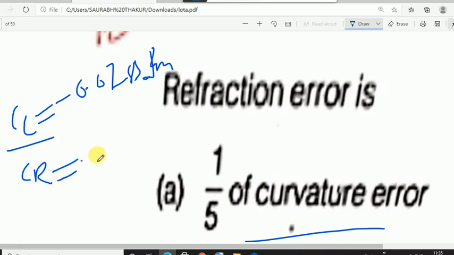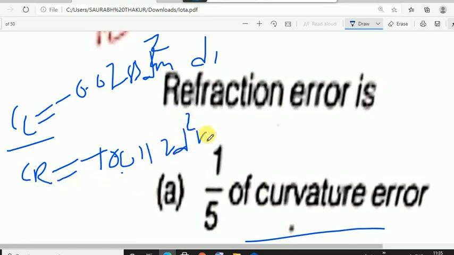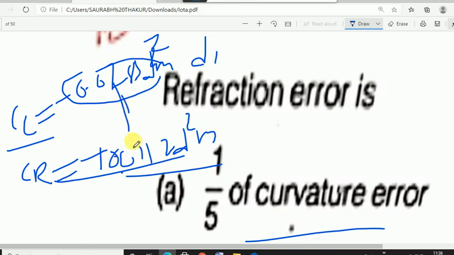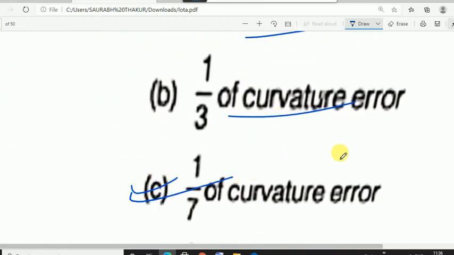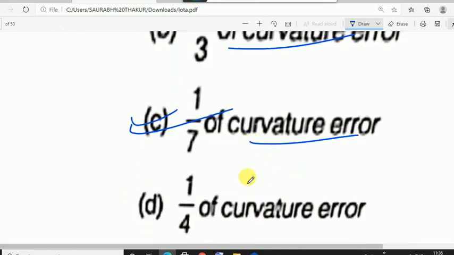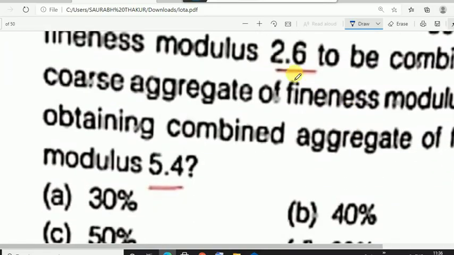Your refraction correction CR is equal to plus 0.0112 d square meter. Actually, the relation would be, when you divide it by 7, you get this CR. Okay, so the correct relation would be 1/7 of curvature error. CC is equal to minus 0.0785 d square meter.